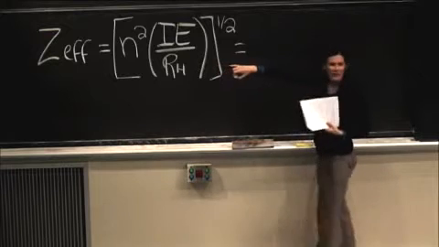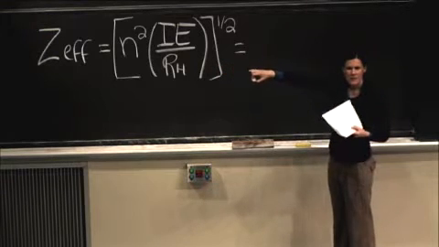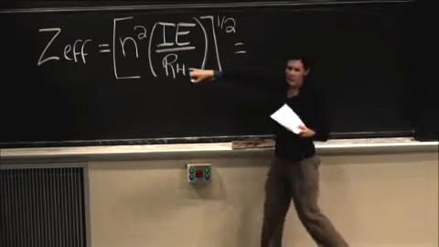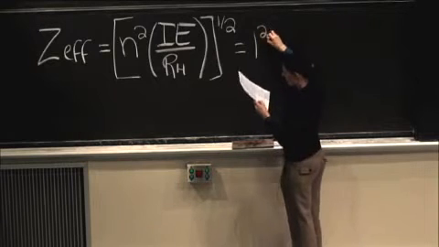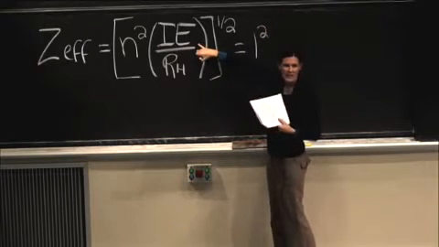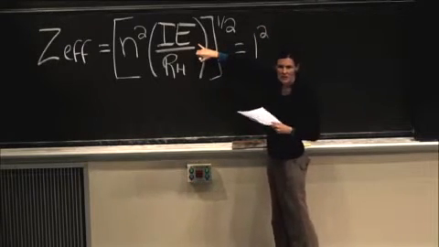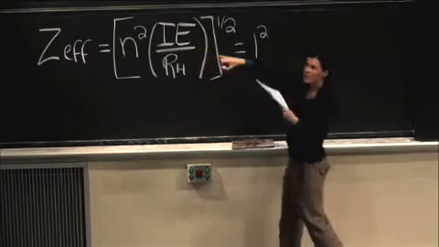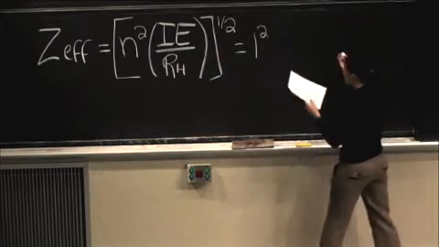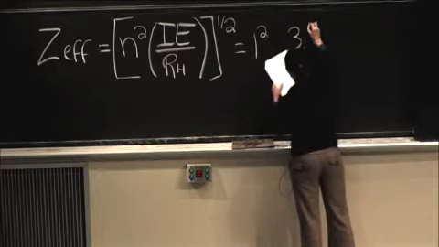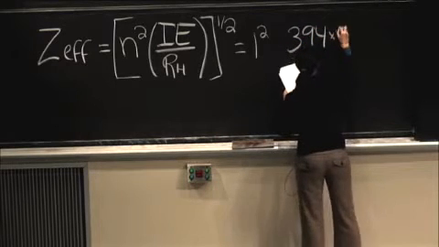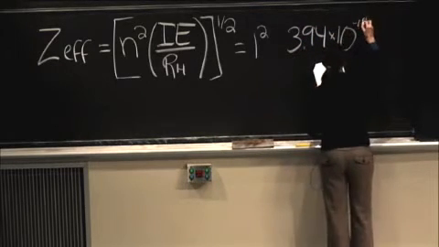So what's our value for n here? 1. Yep, that's right. And then what's our value for ionization energy? Yep, it's just that ionization energy that we have experimentally measured, 3.94 times 10 to the negative 18 joules.